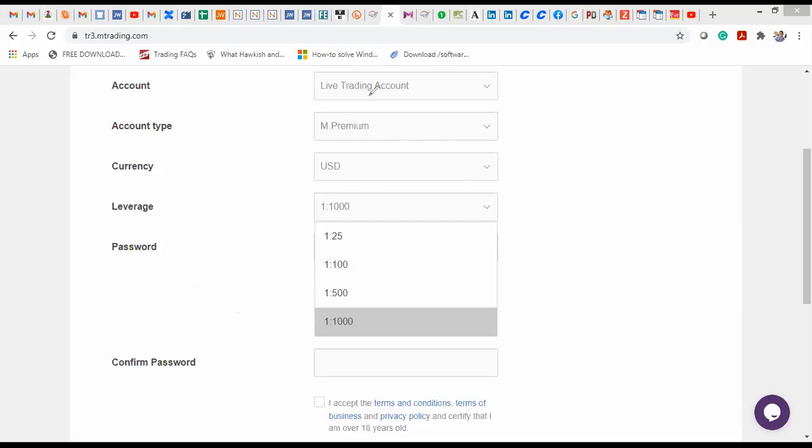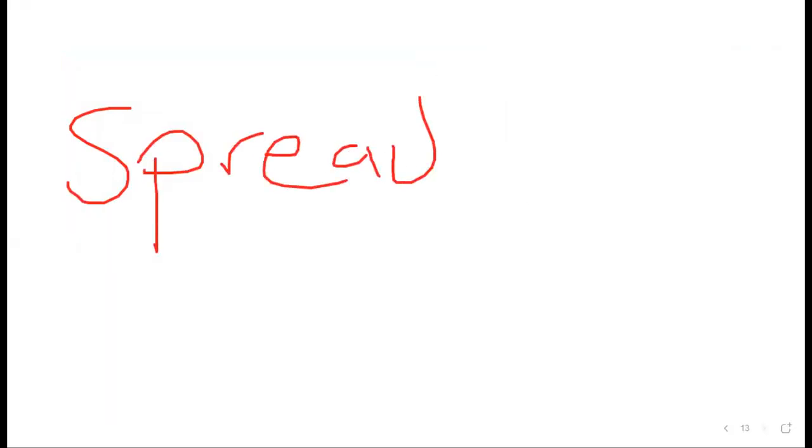All right. So let's talk about the spread. The spread is the difference between the bid price and the ask price.